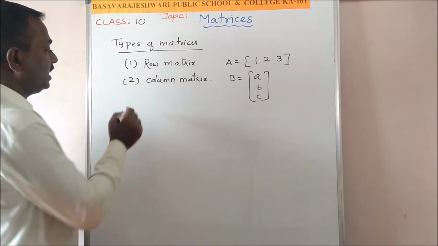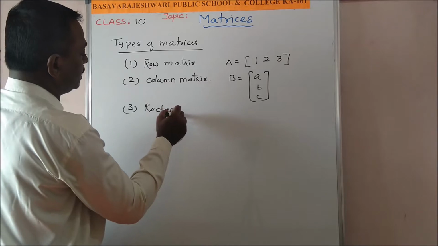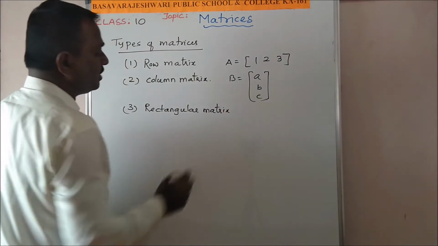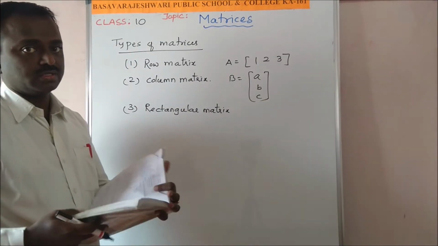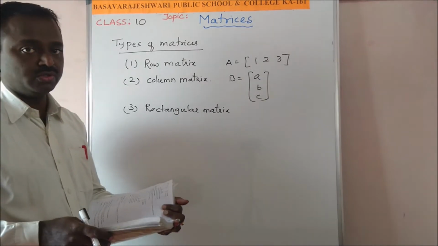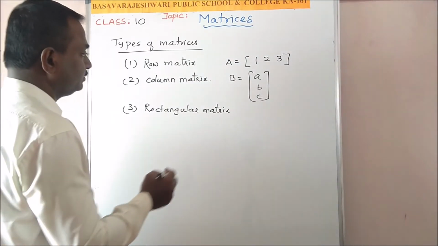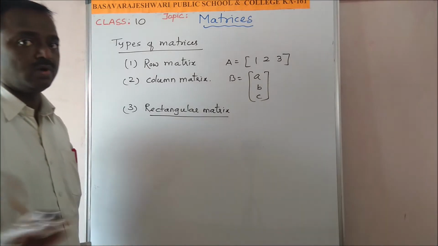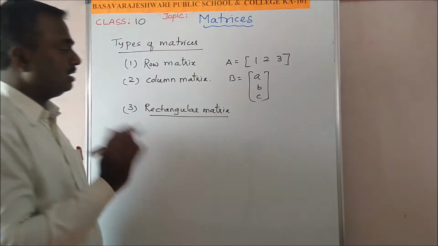Third is called rectangular matrix. What is meant by a rectangular matrix? The number of rows is not equal to the number of columns. Such a matrix is called a rectangular matrix.